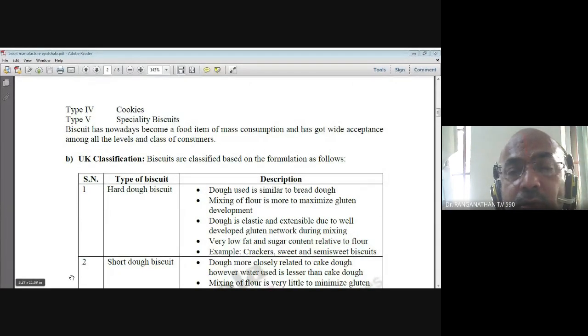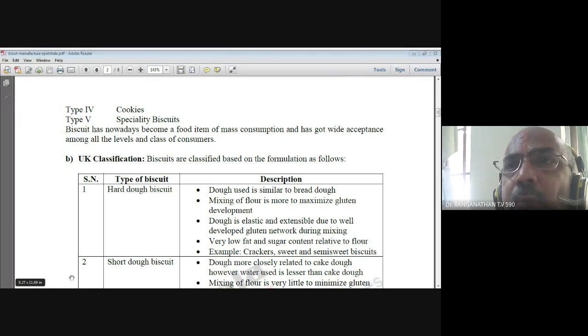The dough used is similar to bread dough, that is, water is added, and hard dough biscuits are characterized by low fat and low sugar. I think I already told you the amount of fat and sugar added in the case of biscuits or cookies ranges between 20 to 40 parts for every 100 parts of wheat flour.